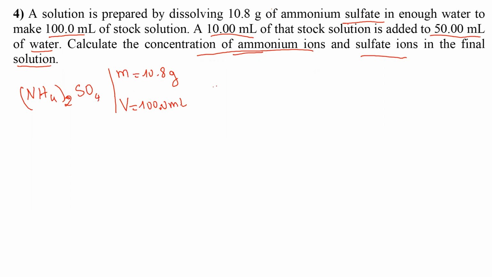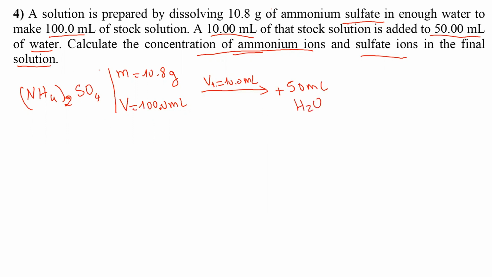Then we take a volume V1 equal to 10.0 ml of this solution, and that is added to 50 ml of water. This is how you do it sequentially.